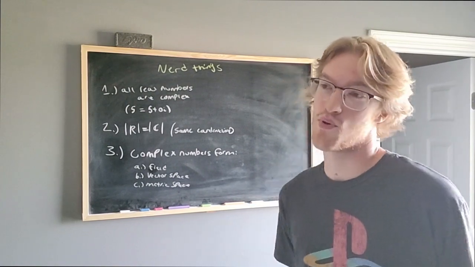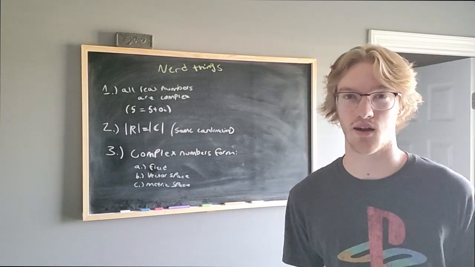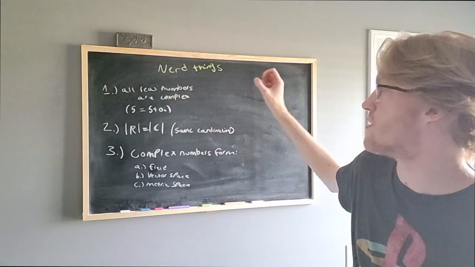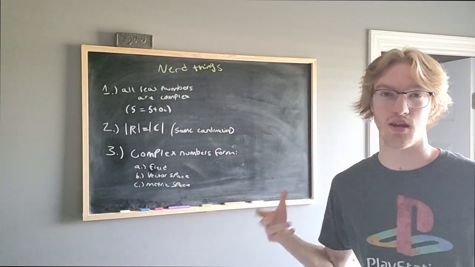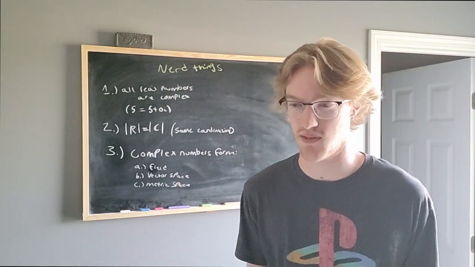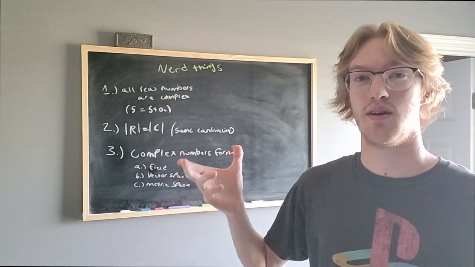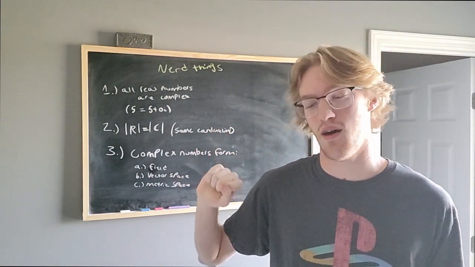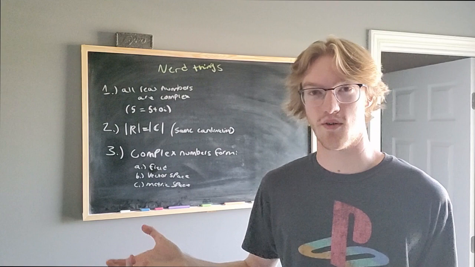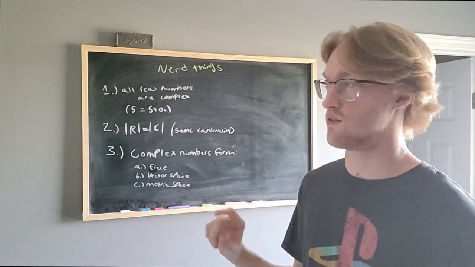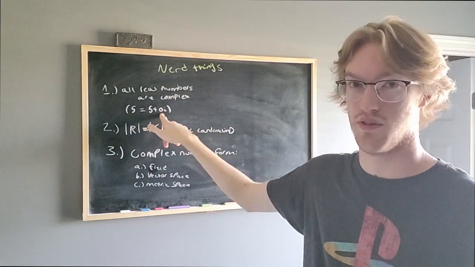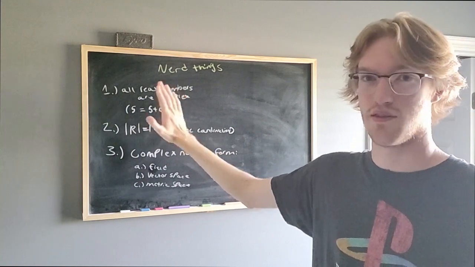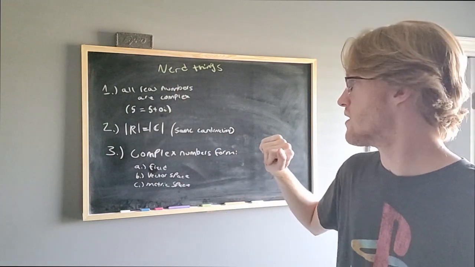Some other important facts about complex numbers. Number one, every real number can be represented as a complex number. So the number five is technically a complex number. It just has an imaginary part equal to zero i, so we just leave it off.